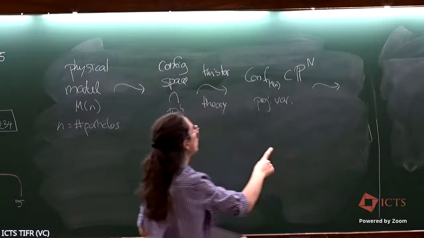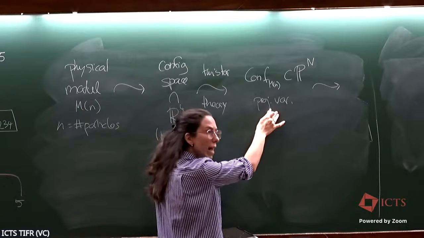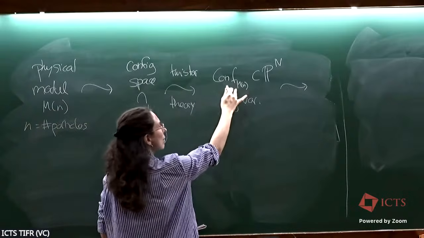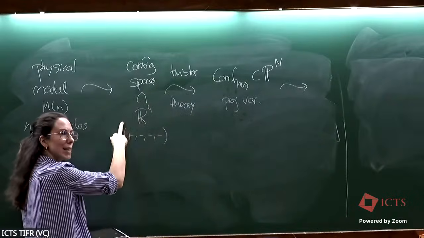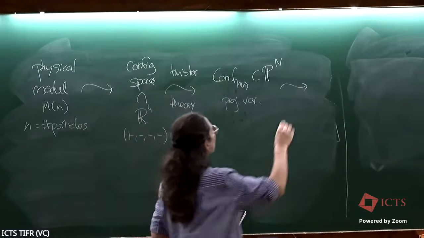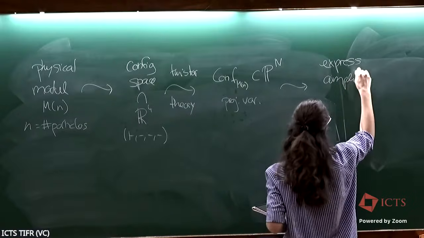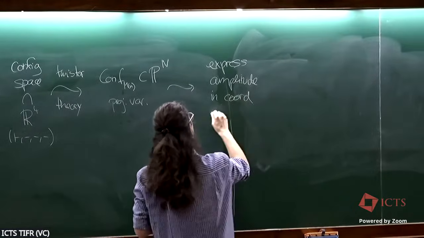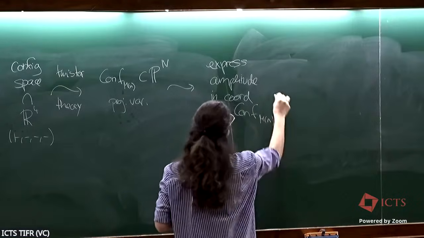One of the advantages of this theory is that the expressions as a function on the projective space become way simpler than the expressions we had before. And there are certain symmetries of the configuration spaces that are easy to detect from the projective variety structure but hard to detect before. There are other advantages that came out of this very potent theory. So here we now express the amplitude in the coordinates of this space, and then we compute its symbol.